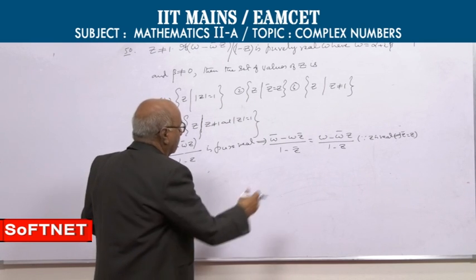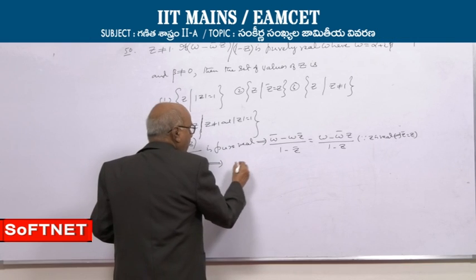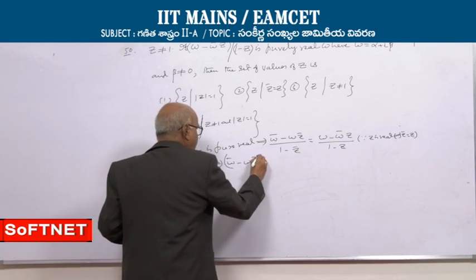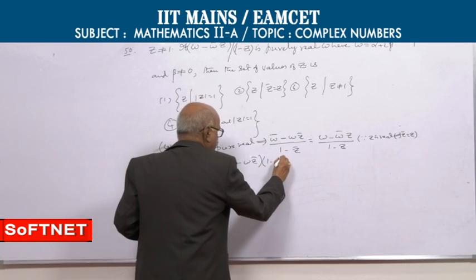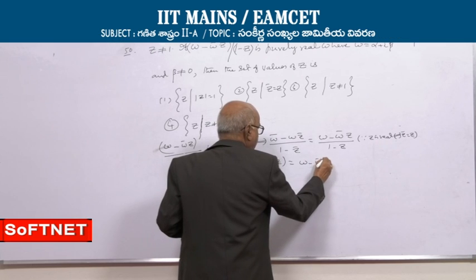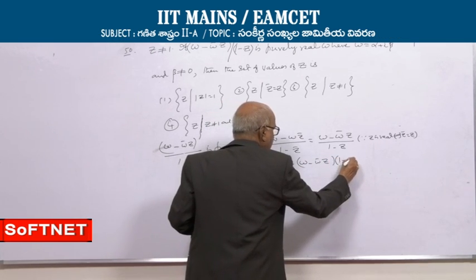Now on cross multiplication, (ω̄ − ωz̄)(1 − z) = (ω − ω̄z)(1 − z̄).